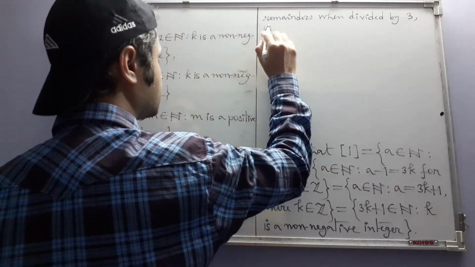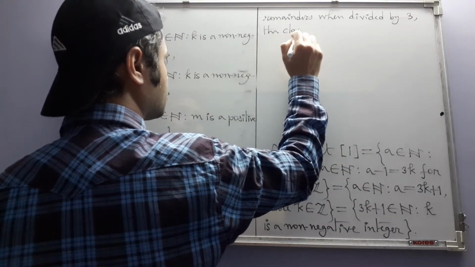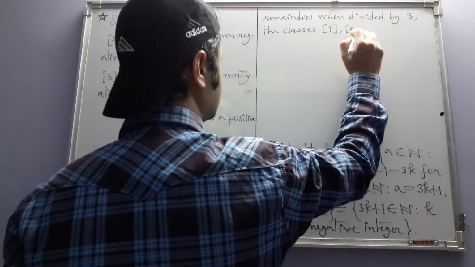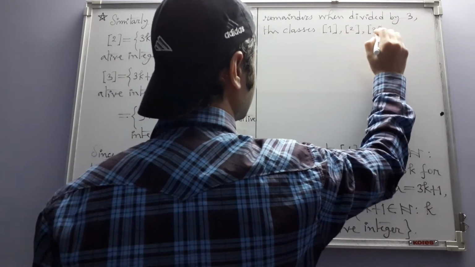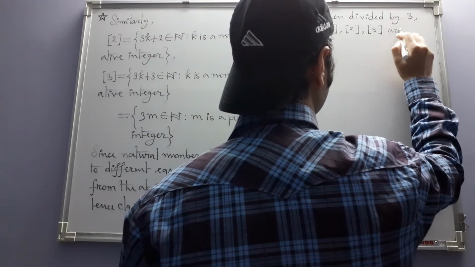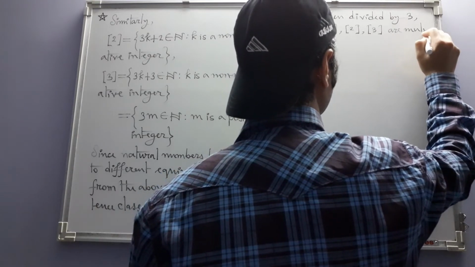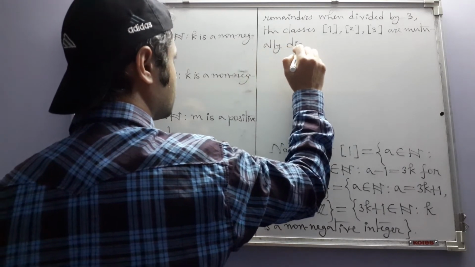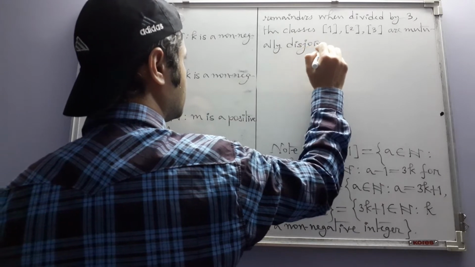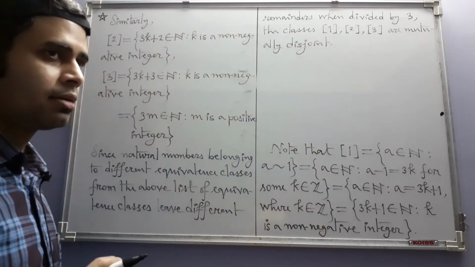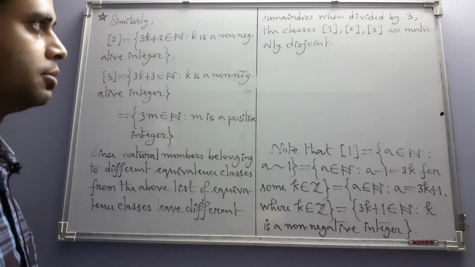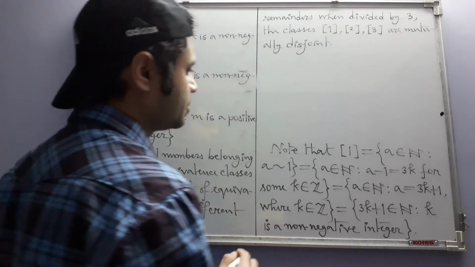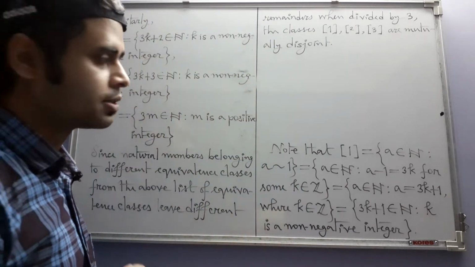So the classes 1, 2 and 3 are mutually disjoint. No natural number in one of them can belong to any of the other two. So they are mutually disjoint, and because of that reason in particular they are distinct also. So that means they are different equivalence classes.